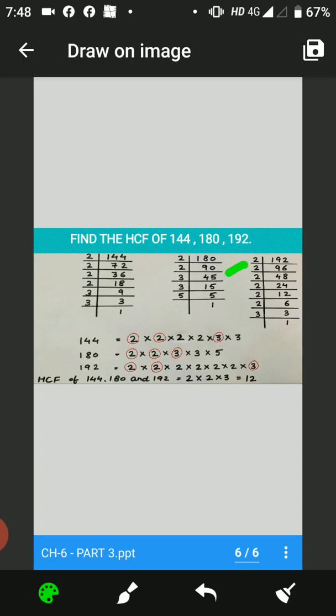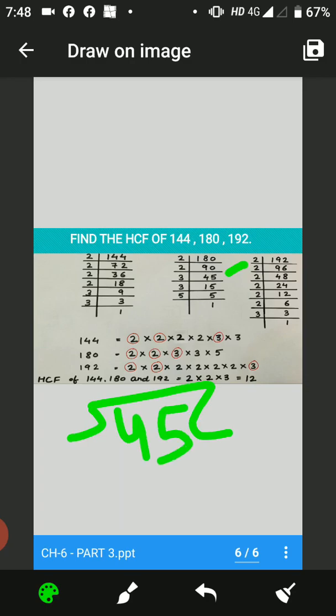It comes at the 45th position. Then does 45 come in the 2 table? No. Does 45 come in the 3 table? That we don't know. So we will divide 45 by 3. If the remainder is 0, it means 3 is a factor of 45. Clear?